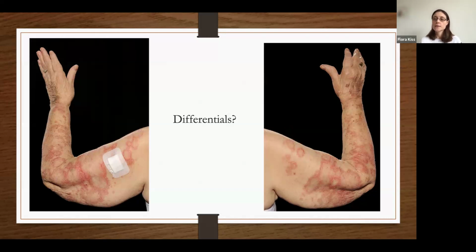And we know that the cutaneous lupus family is a big family, and it encompasses lots of different types of lupus, but they are ones that are, again, photoaggravated dermatoses. So they're not caused by sunlight, but they are worsened, exacerbated by sunlight and UV exposure.